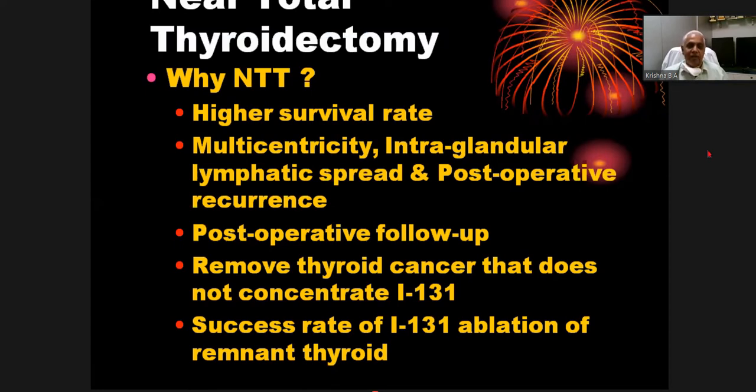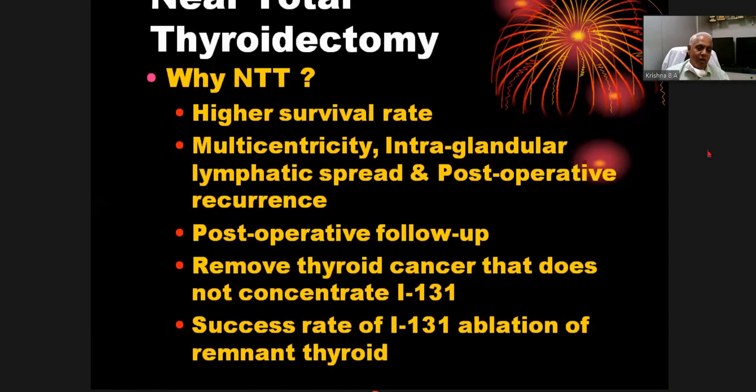Thyroid cancer is known to be multicentric, with intraglandular lymphatic spread and post-operative recurrences. They all can be tackled if you do a near total thyroidectomy. In a post-operative follow-up setting, radioiodine cannot be used if you do not perform total thyroidectomy, because the thyroid tissue in the neck will pick up all the radioiodine and the metastatic cells will not pick up.